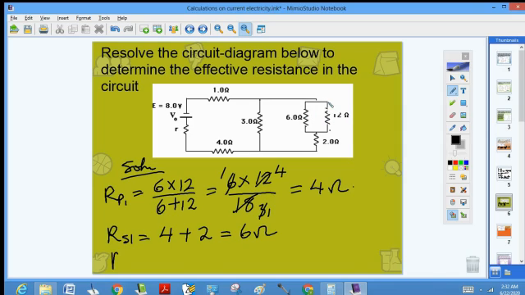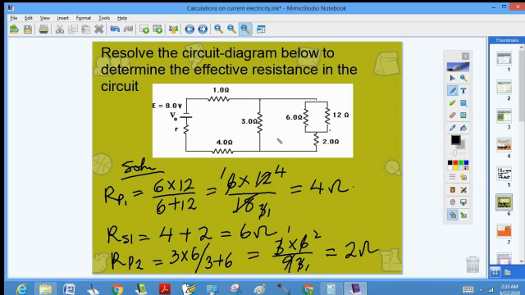So we say that R parallel 2, for two resistors in parallel, will be 3 times 6 divided by 3 plus 6, and that will give us 3 times 6 divided by 9. 3 cancels itself once, and this to give us 3, and 3 cancels itself once, and this to give us 2. So we have 2 ohms.